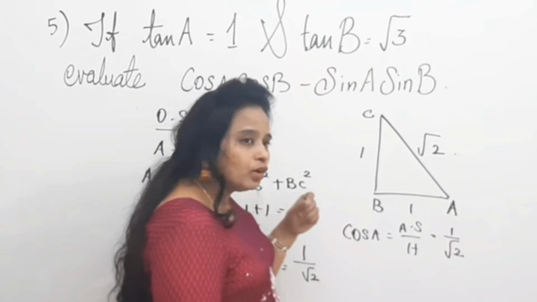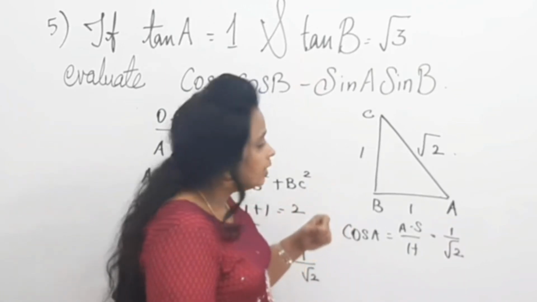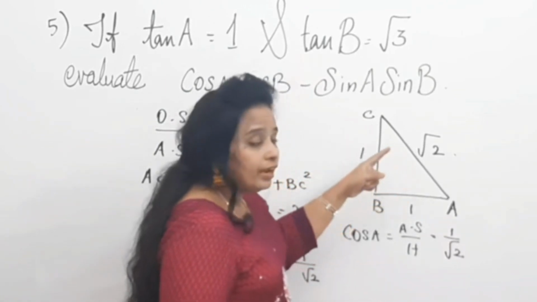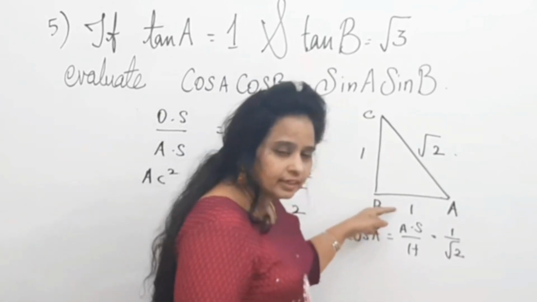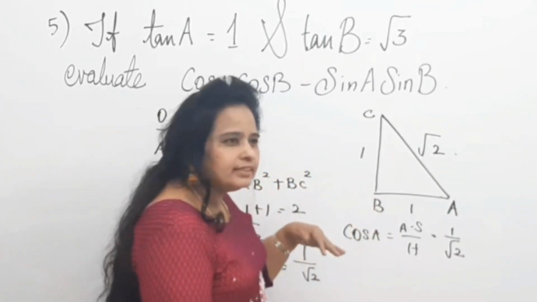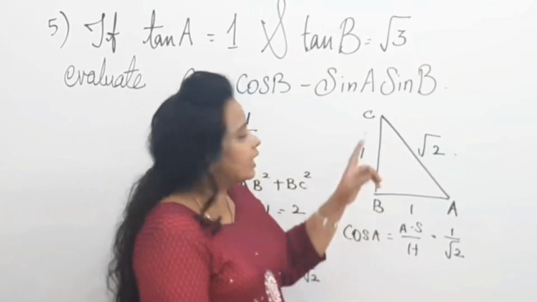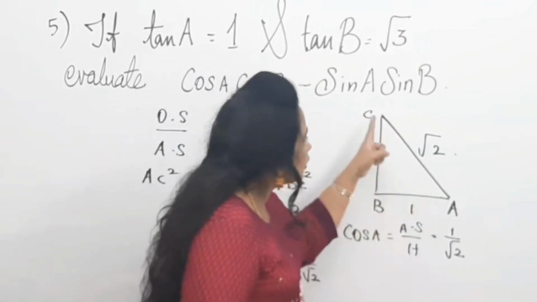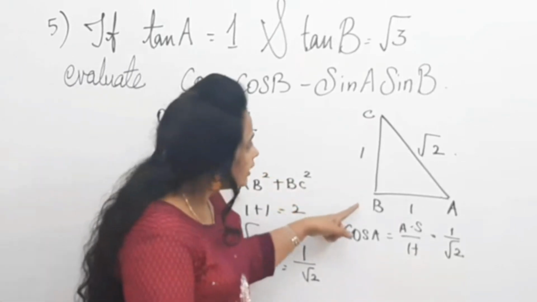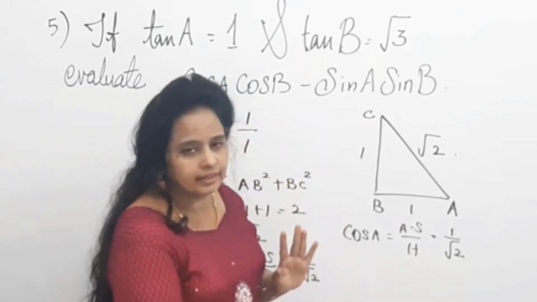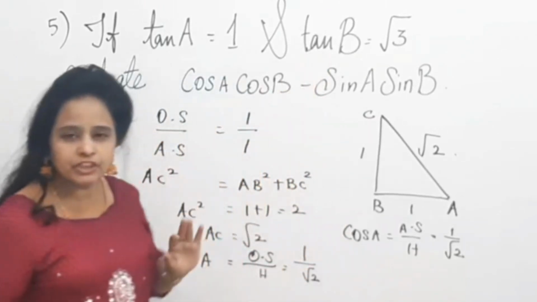Because whenever the vertices are given in the question and it is not mentioned otherwise, it is indirectly given that B is 90 degrees. We are talking about the other two vertices A and C. So here angle B is 90 degrees, so you cannot take the ratio like this.